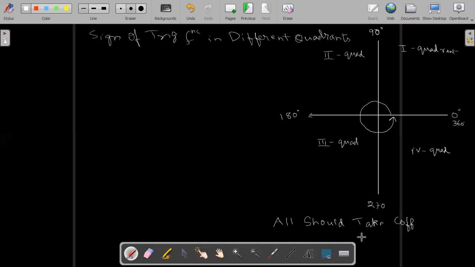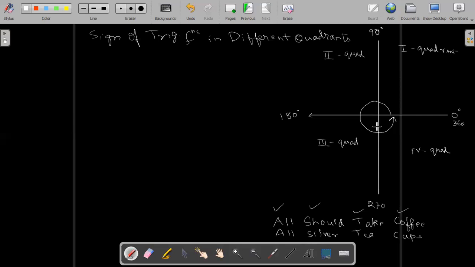Like this also remember, or someone remembers like all silver tea cups. Only we have to remember A, S, T, C. That's why we used to remember one sentence.